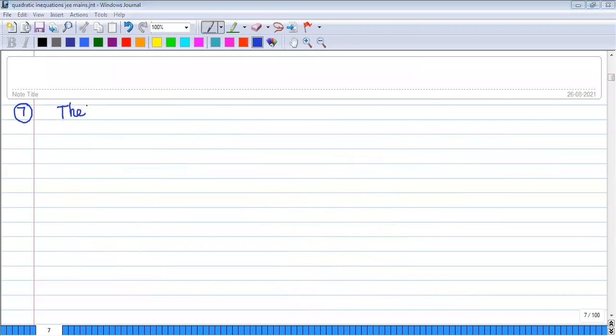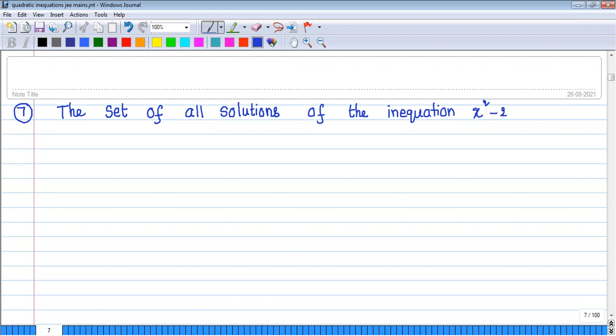The set of all solutions of the inequation x square minus 2x plus 5 less than or equal to 0 in the real number system, in R or over R.